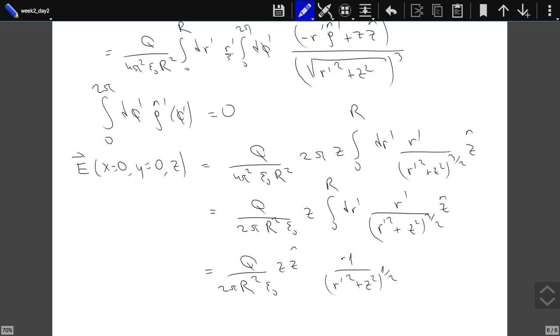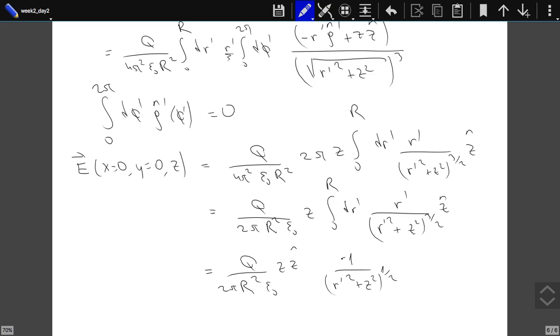Take the derivative of this expression with respect to r prime. So you will get a minus 1/2, minus minus makes plus 1/2, times this same thing with the 3/2 power, multiplied by the derivative of the inside, which is 2r prime. 2's and 1/2 will cancel, and we are left with this one. So this expression over here is nothing but the derivative with respect to r prime of this one.